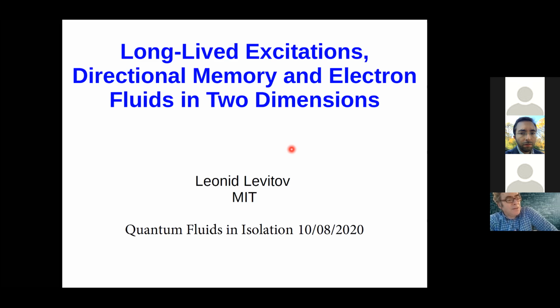After that happened, about 3 or 4 years ago, there were questions whether the hydrodynamic behavior in two-dimensional electron systems is different in any way from that in higher-dimensional fermion systems like helium-3, for example.